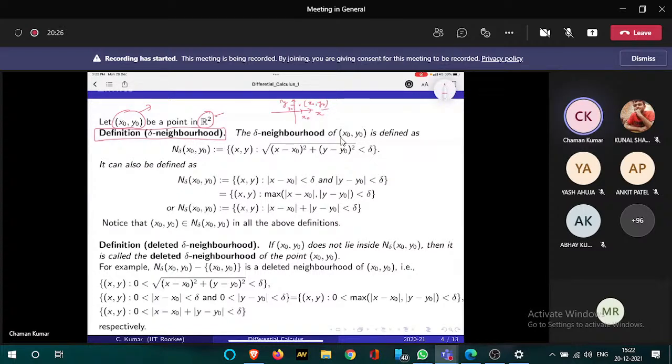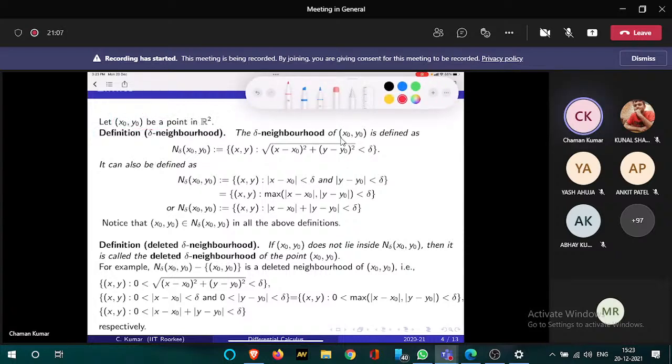Here x naught corresponds to the x component that you identify on the x-axis, and y naught corresponds to the y component that you identify on the y-axis. So x naught, y naught is a point in the xy plane or in R2.